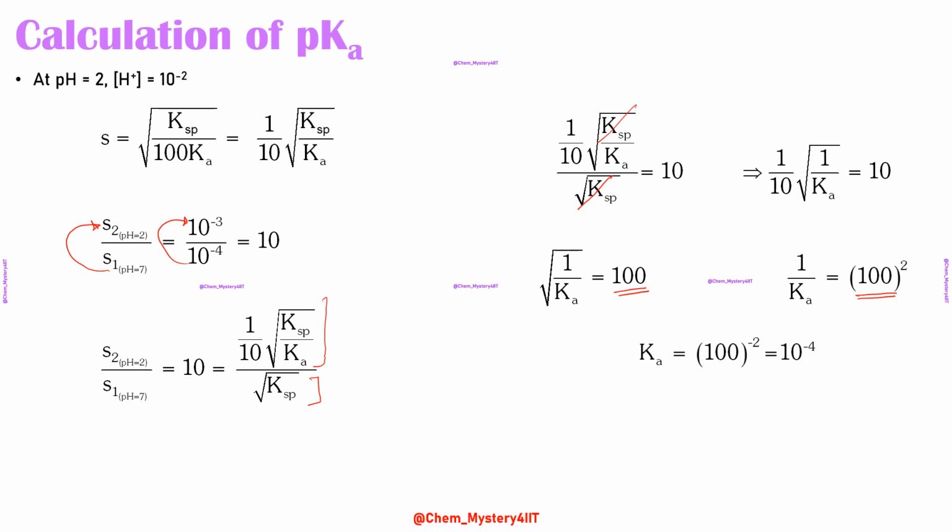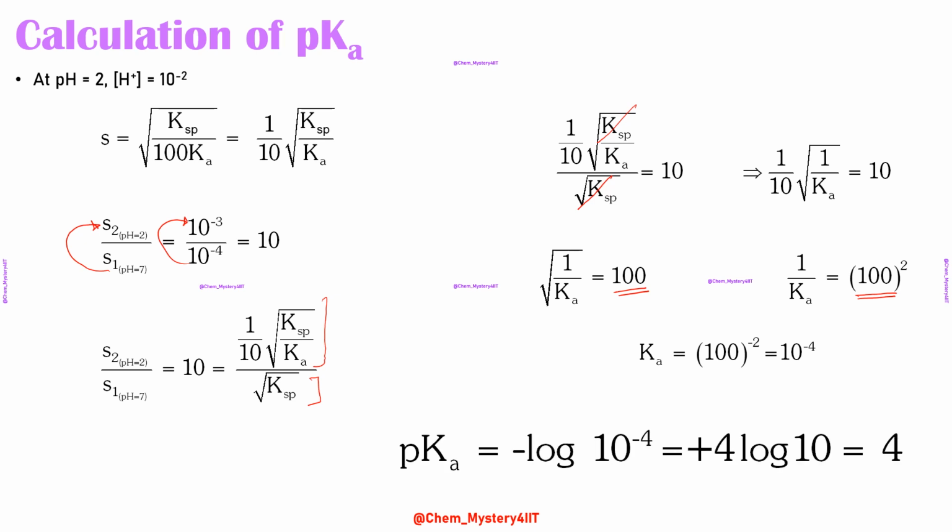If Ka is 10 raised to power minus 4, what about its pKa? pKa will be 4, because that is negative of logarithm of Ka. That is what we were supposed to be calculating. So what we have done, in the first case, the solubility was S1 at pH 7, which was exactly square root of Ksp, this value.